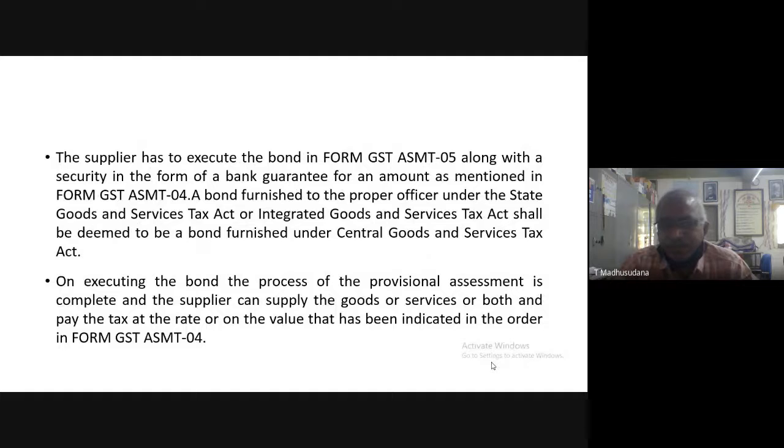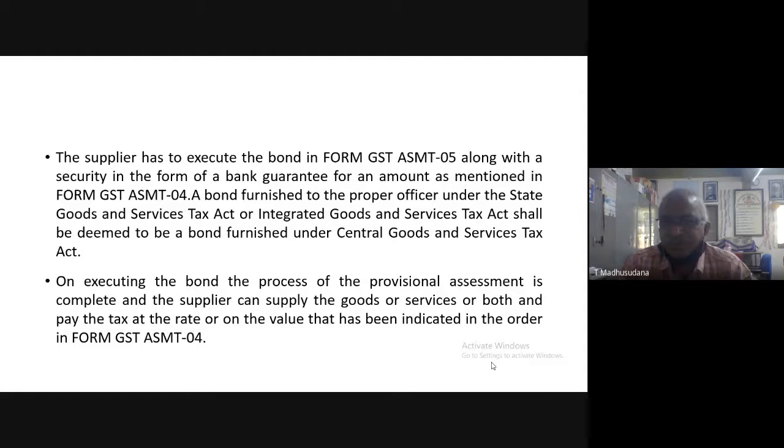Next, the supplier has to execute the bond. Okay, so after receiving the order from the GST officers, the supplier will execute the bond in Form GST Assessment 5. The bond form is also given on the website. Execute a bond in Form GST Assessment 5 along with a security in the form of a bank guarantee. So what is the security?